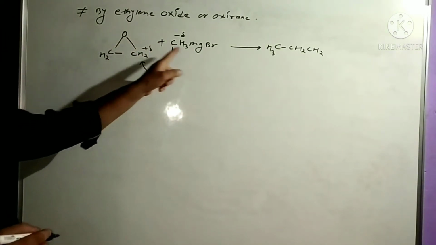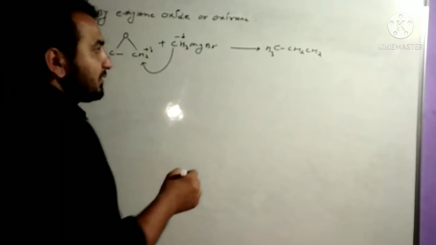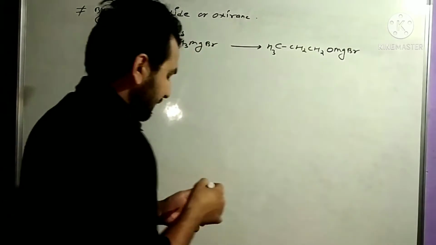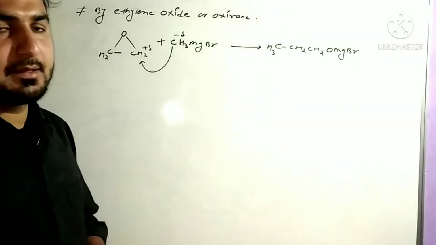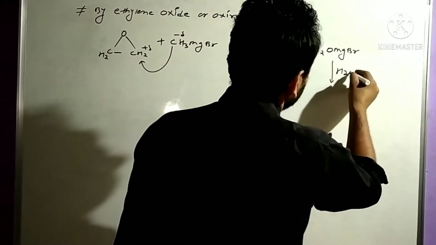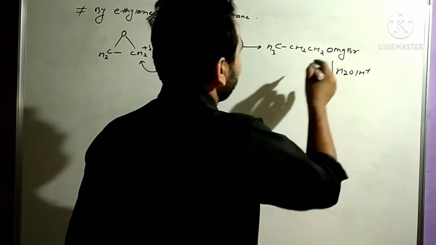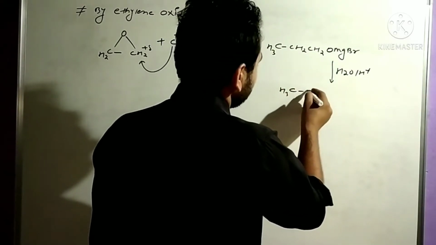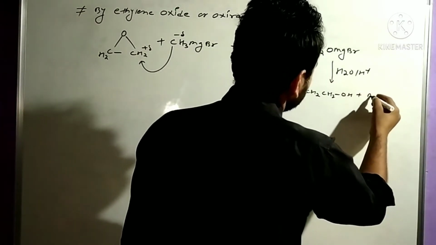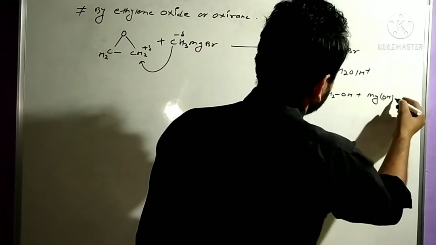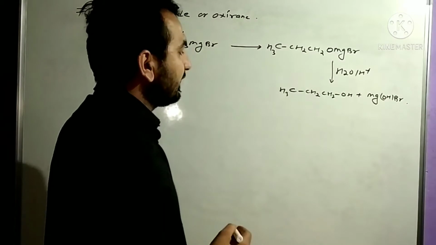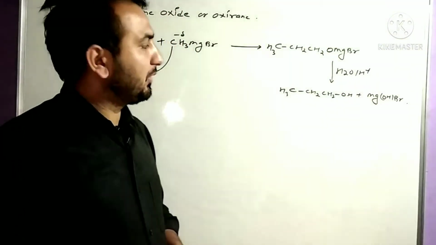It reacts with MgBr and forms the same thing as the previous, OMgBr. Clear? So here again it will undergo hydrolysis to form CH3, CH2, CH2OH plus MgOHBr. Clear? This is your desired alcohol.